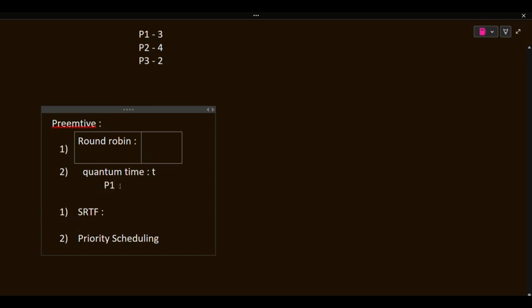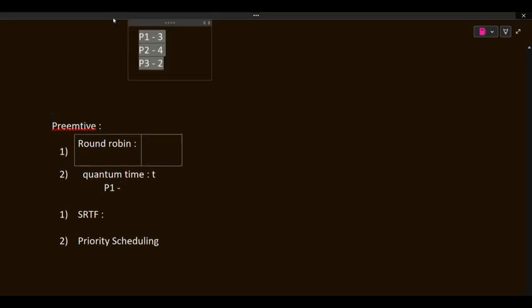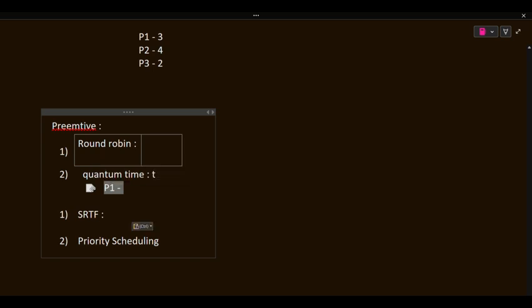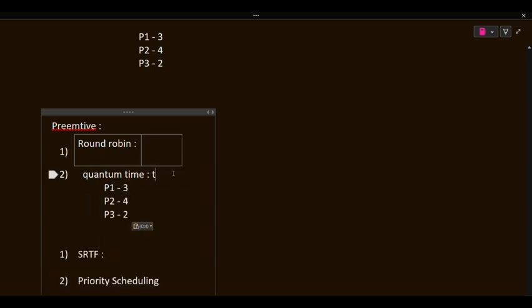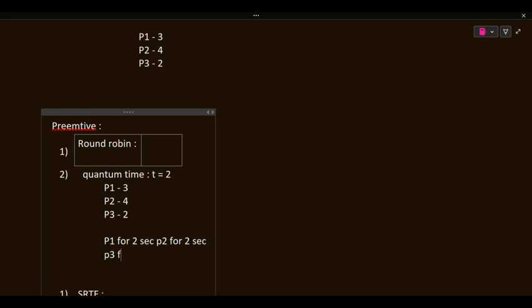For example, if we take processes like P1 here and we take the quantum time equal to 2, then the CPU will execute the processes in the same order of their arrival. It will execute the first process for 2 seconds, then the second process for 2 seconds, and then the third process for 2 seconds.